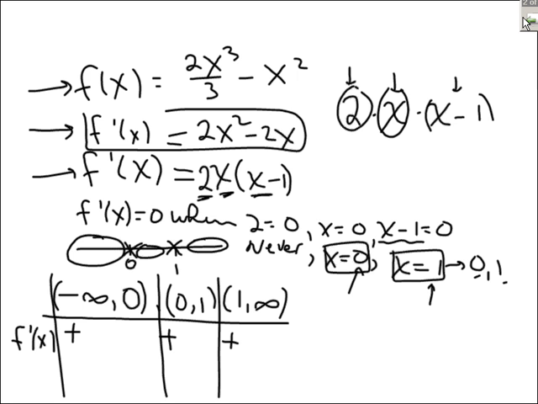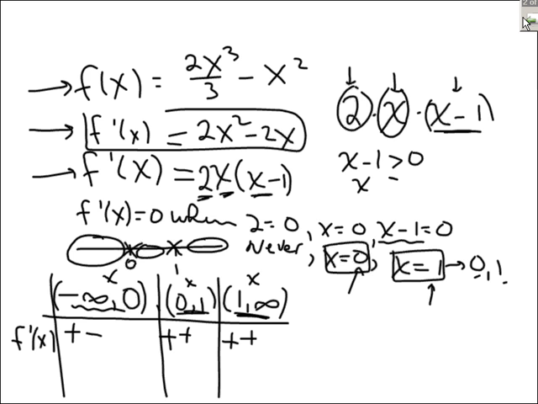x is positive if x is more than 0. That's in this interval and this interval. These are the x values. x is positive in these two intervals. It is negative here. Why? Because all of these numbers are negative. The third factor, x minus 1, when is it bigger than 0?